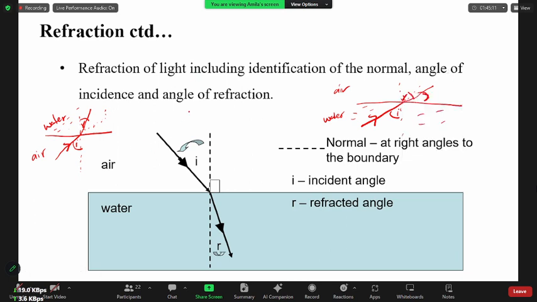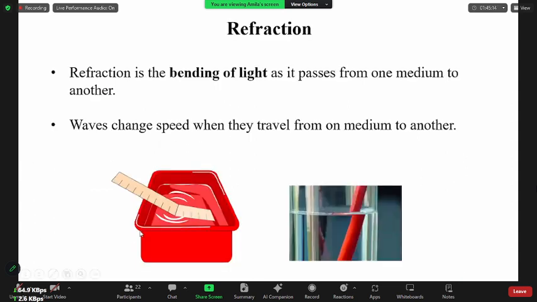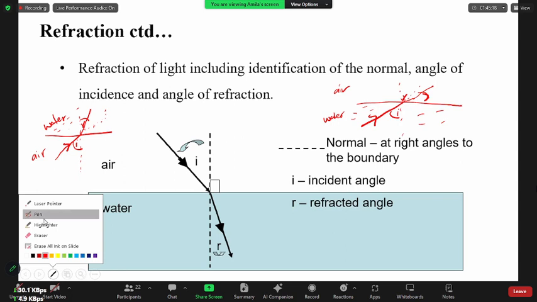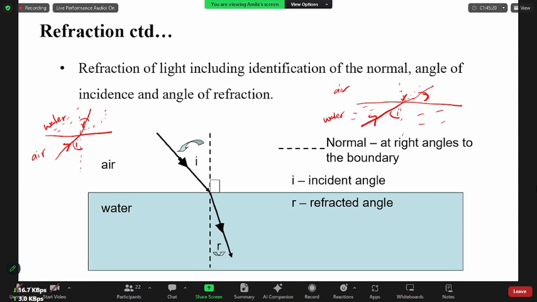So what you need to learn here is that refraction of light always involves two mediums.